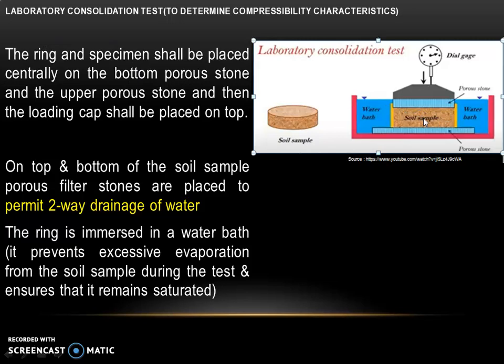This soil sample will be placed in between two porous stones, and on top of it will be the loading cap. These porous stones are placed in order to permit two-way drainage of water. Then the ring is immersed in the water bath, and this will prevent evaporation of water from this soil sample, and it ensures that the soil sample remains saturated throughout the test.